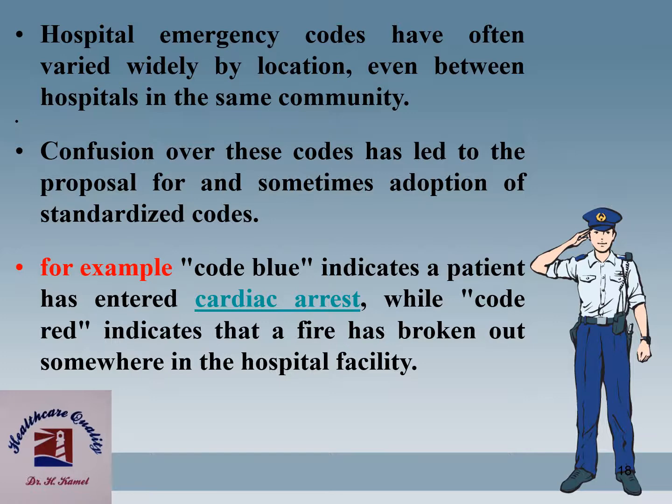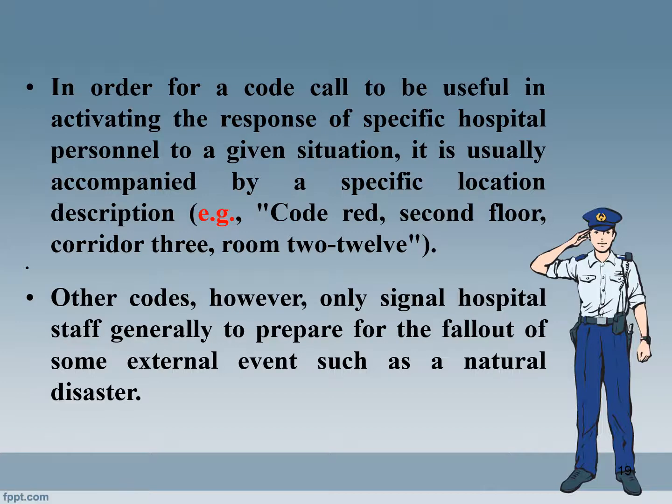For example, Code Blue indicates a patient has entered cardiac arrest, while Code Red indicates that a fire has broken out somewhere in the hospital facility. In order for a code call to be useful in activating the response of specific hospital personnel to a given situation, it's usually accompanied by a specific location description.